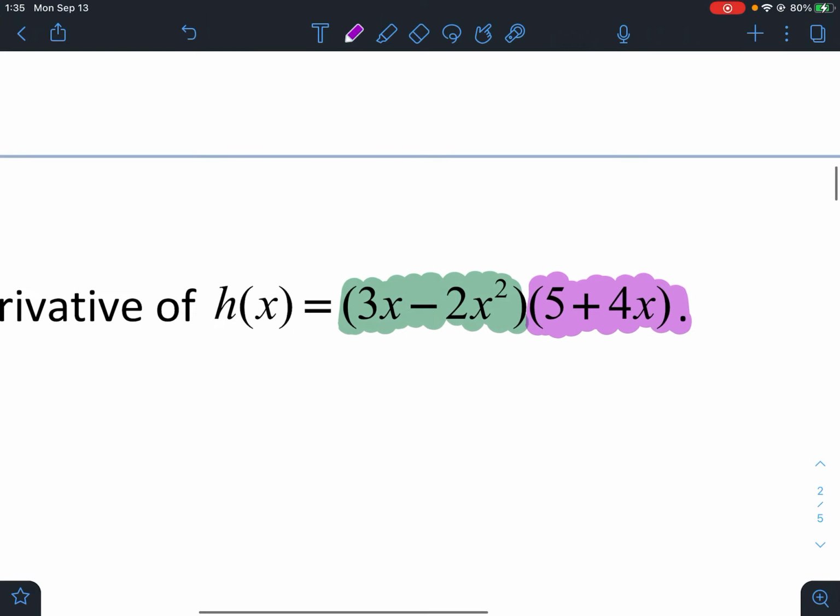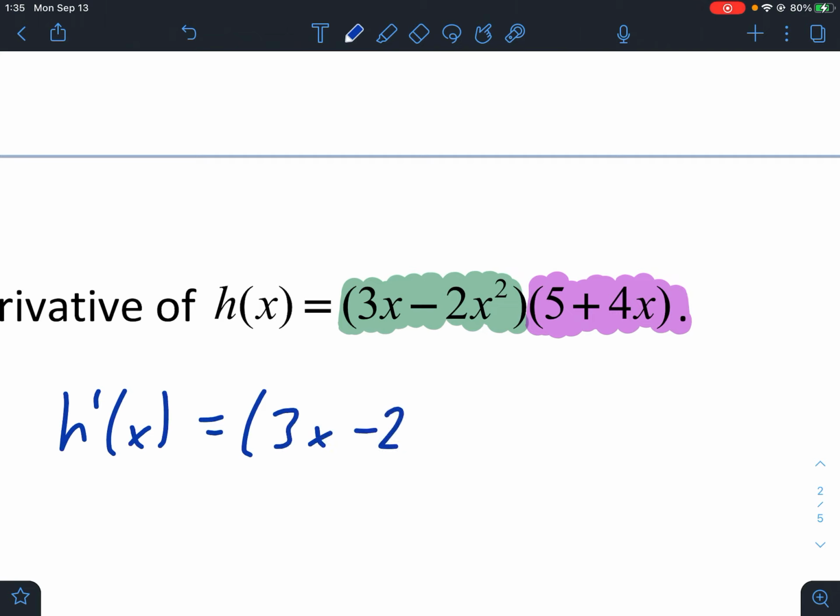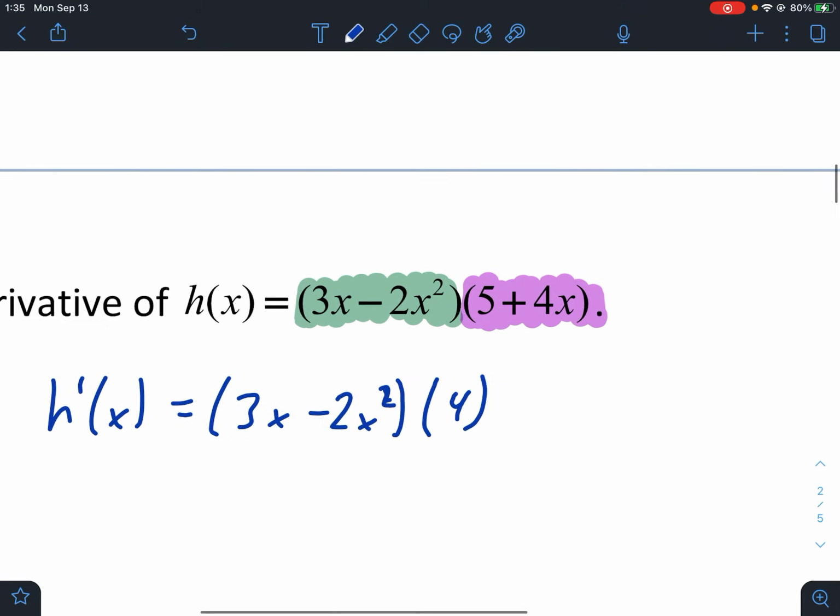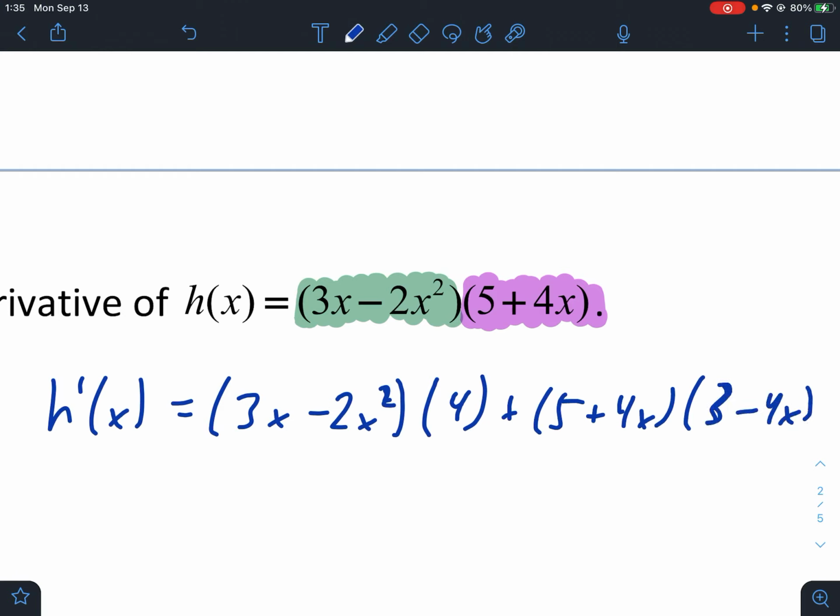So to take the derivative of h, we're going to do h prime equals the first function times the derivative of the second function, which is just 4, plus the second function times the derivative of the first function, which is 3 minus 4x, using our power rule that we learned last time. And that's it. That's your derivative.